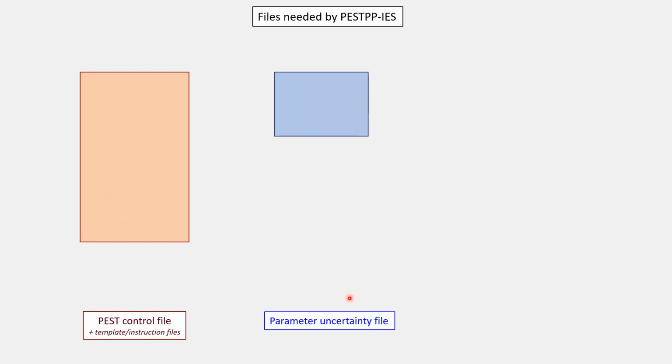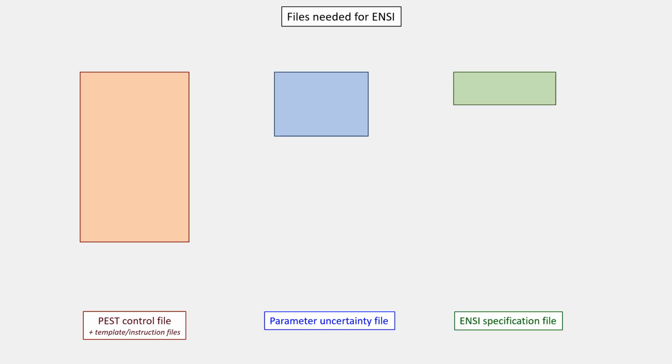We'd need a parameter uncertainty file providing prior probability distributions of model parameters. That's all we'd need. For ENSI, we need one extra file, and that's called an ENSI specification file. And as you'll see, this is very easy to prepare.